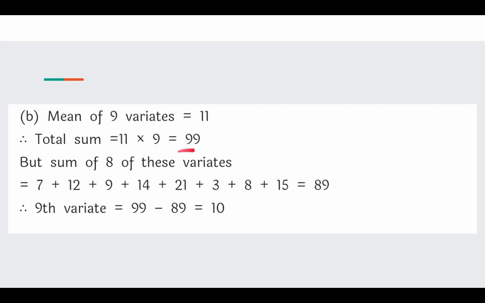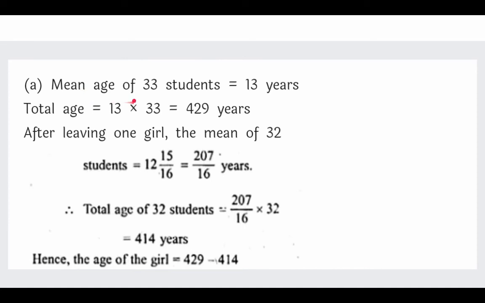Clear? So, similar is here. 33 students, the number of students, and this is the mean. Multiply, and the product is the sum of all. That is 429 years. So, if the mean age of 33 students is 13 years, then the sum of all these 33 students' ages is 429.